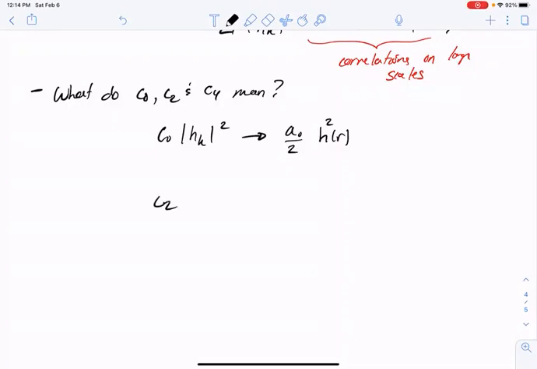C2 has a k squared, h of k squared. Taking the inverse Fourier transform of that, one could write that as a coefficient, call it gamma by 2, the derivative of h magnitude squared. So this is a term that penalizes gradients in the height field.